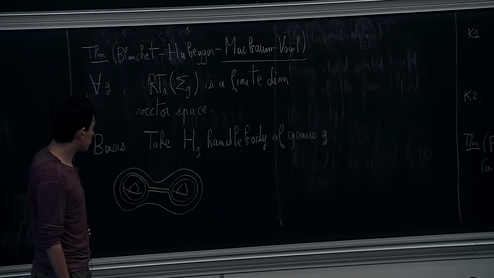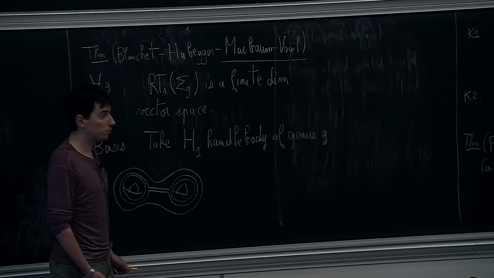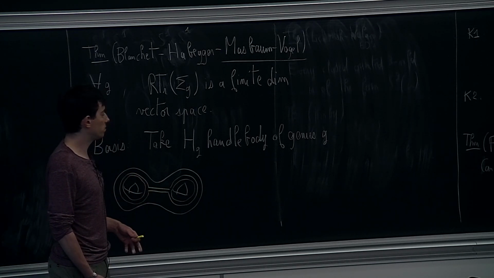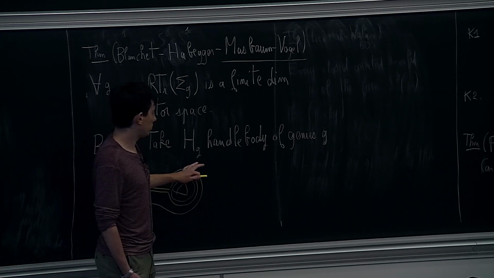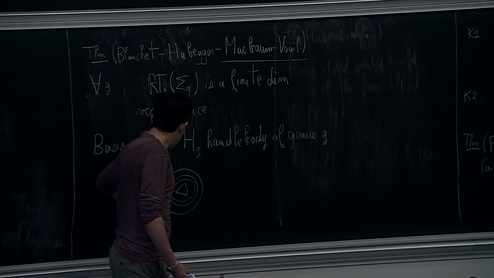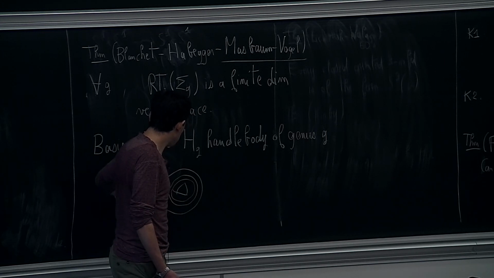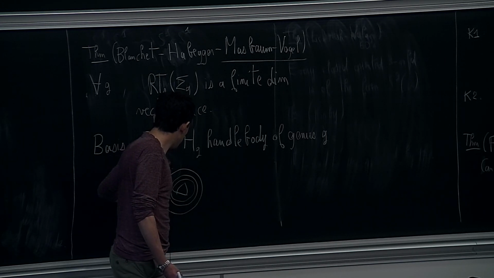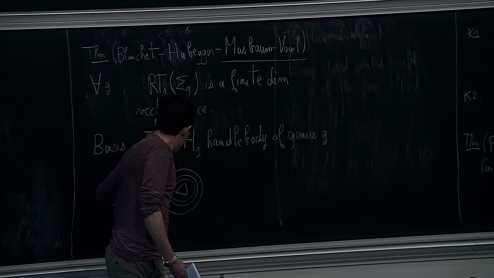And here, using this trivalent graph, I can define some elements of the vector space. What I will do is, I have some edges, and for each edge, I may want to replace it by some Jones-Wenzl idempotent.